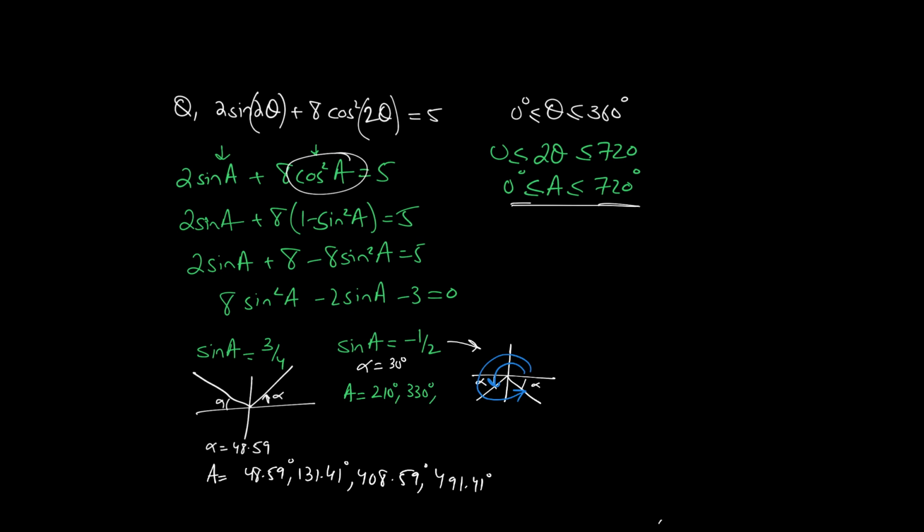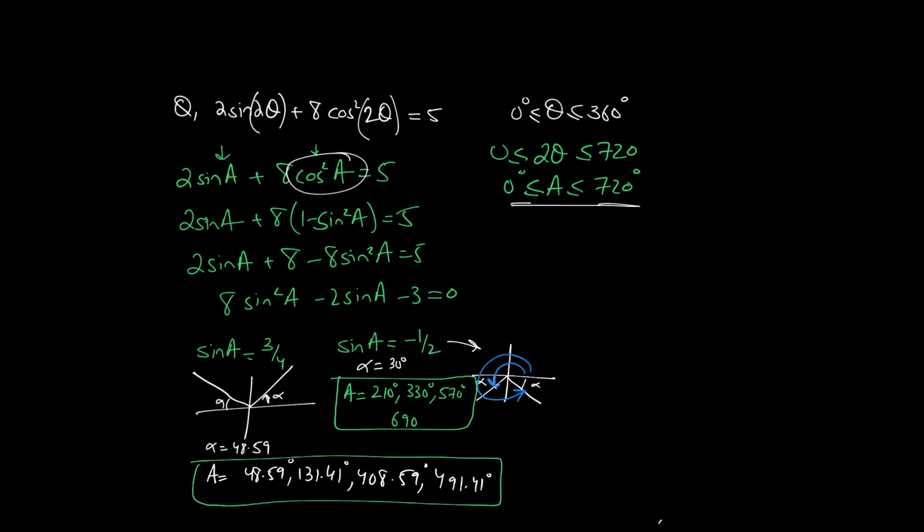Now these are just the two angles from 0 to 360. You need to go till 720. So to 210 you'll add 360 and you get 570 degrees, and you add 360 to 330 and you get 690. Okay, so these are the angles for a from here, and these were the angles of a from here.